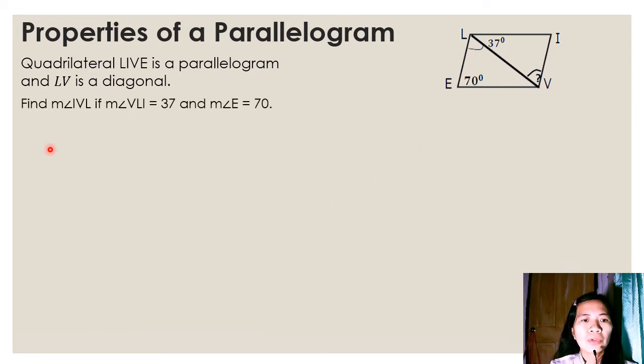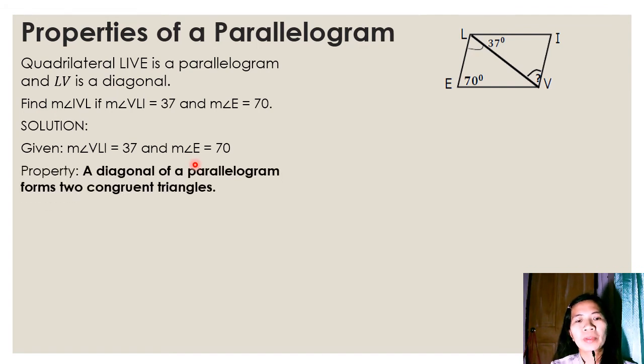Now we are going to find the measure of angle IVL, if measure of angle VLI is 37 degrees and measure of angle E is 70 degrees. So what is our solution? First, we identify the given.